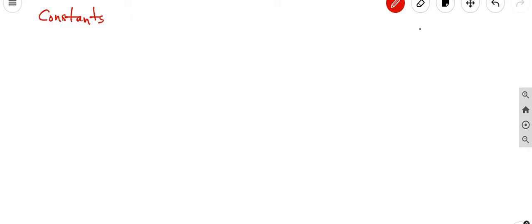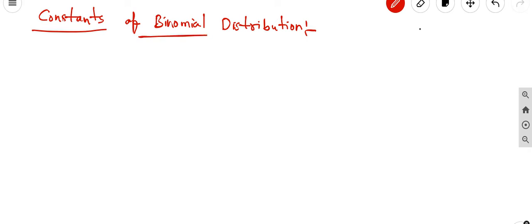The constants of binomial distribution means three are there: one is the mean of binomial distribution, the variance of the binomial distribution, and the mode of the binomial distribution.